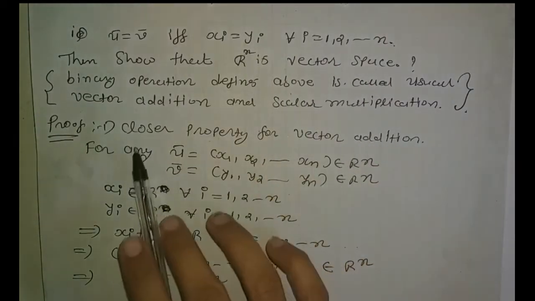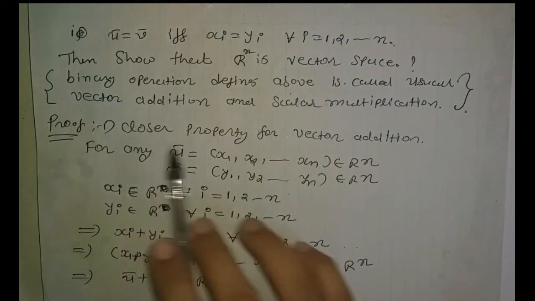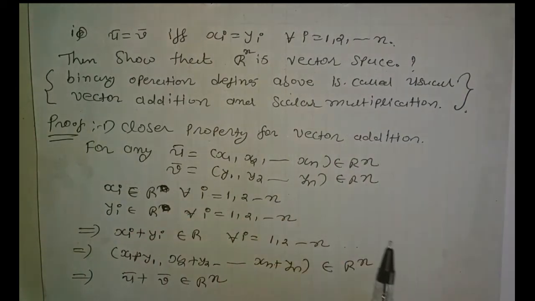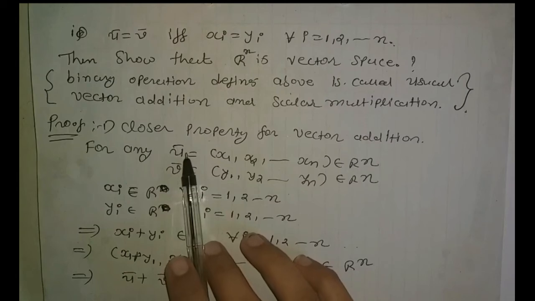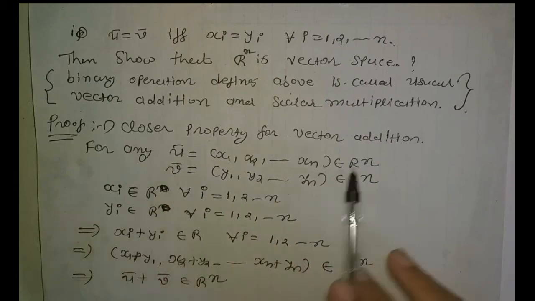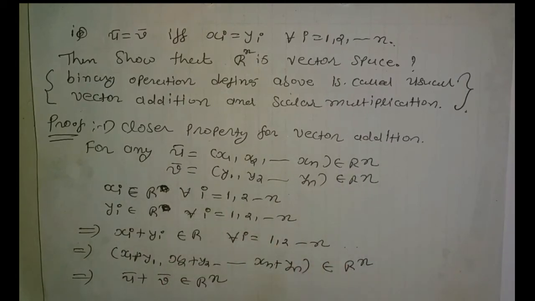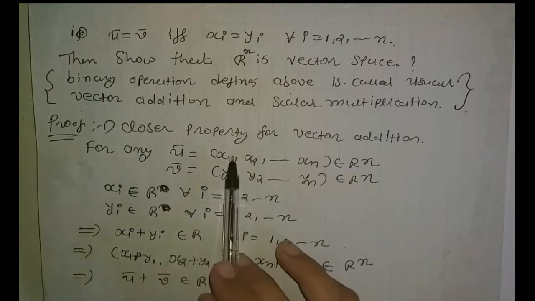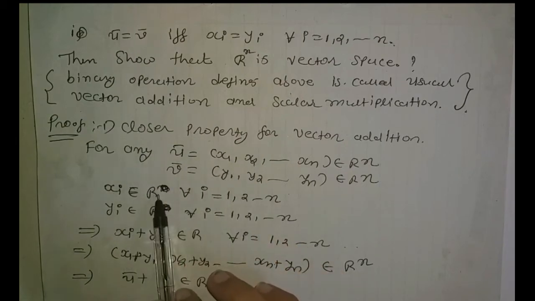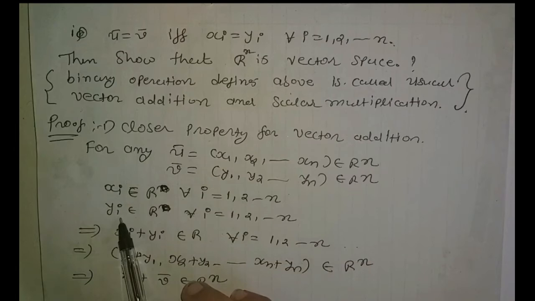So we start with the closure property for the vector addition. Let's consider two vectors u bar and v bar from Rn. Now each coordinate xi is from R and each coordinate yi is from R. So xi plus yi also belongs to R for all i running from 1 to n.